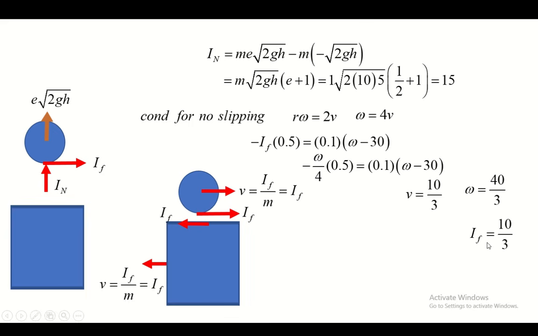Now, how much IF is available? What is the maximum value of IF? That is mu times IN. IN is 15, mu is given as 1 by 3, so IF maximum is 5, and required is less than 5. So it's all okay. This much impulse of friction will be developed, and omega final will be 40 by 3.